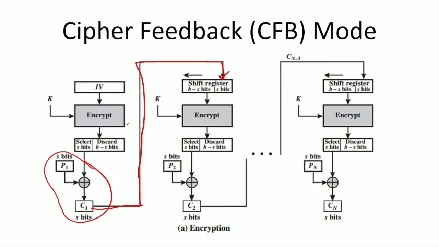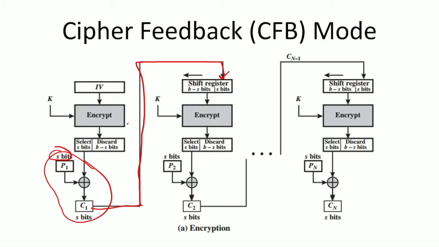Second is that the key block can be of various sizes in CFB mode, unlike OFB mode where it was fixed and equal to that of the plaintext or ciphertext block. So the S over here represents how many bits we want to encrypt at a time. It can be 1 bit, 8 bits, 64 bits, or 128 bits.